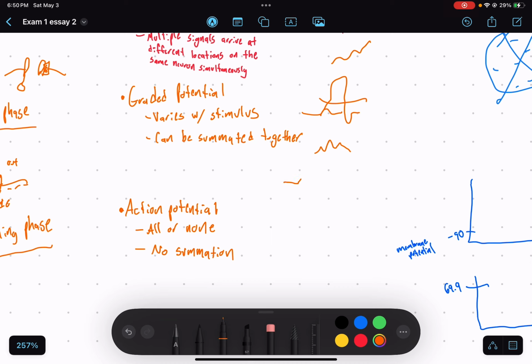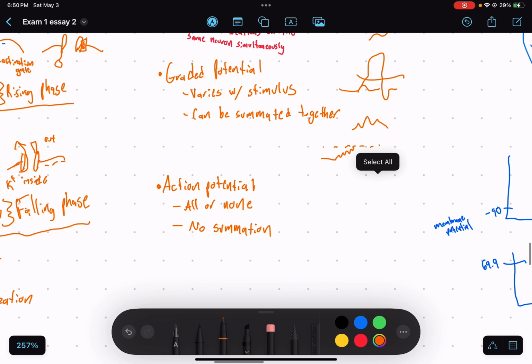Like I was drawing earlier, you can see a wave that reaches up to threshold. While in action potential, you can't have that. There's no summation whatsoever. As you see, whenever the action potential takes place, which is after that threshold right here, you don't see any summation whatsoever. And it's an all or none principle. If you reach the threshold, great, you have an action potential.